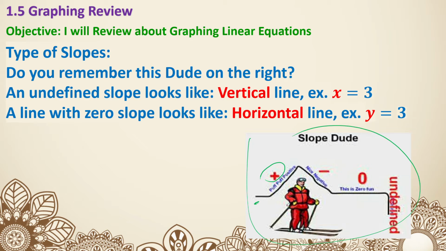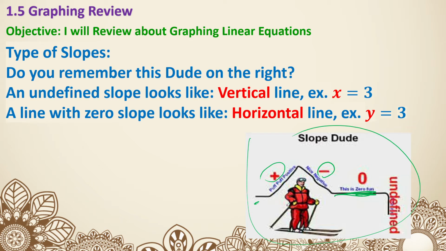When he skis downhill, he says nice, negative, so it's a negative slope. When it's horizontal, well, he needs a lot of work, but he's still not quite going. That's 0 fun. And lastly, when he hits a cliff, well, unfortunately, he kind of drops. So he screams the word undefined.